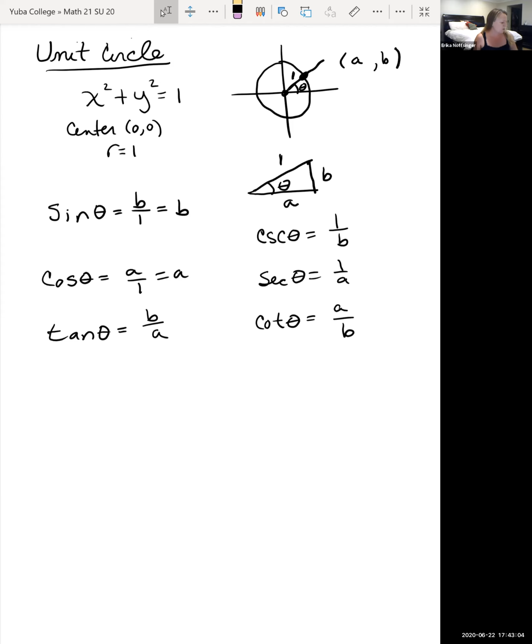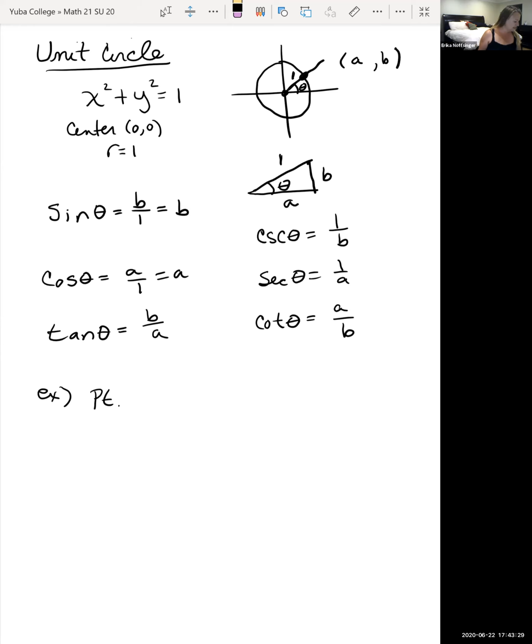Yeah, it says the point P on the unit circle that corresponds to the real number T is given. Find sine of T, cosine T, and so on. So for example, you had some homework like this, and it was giving us a point.